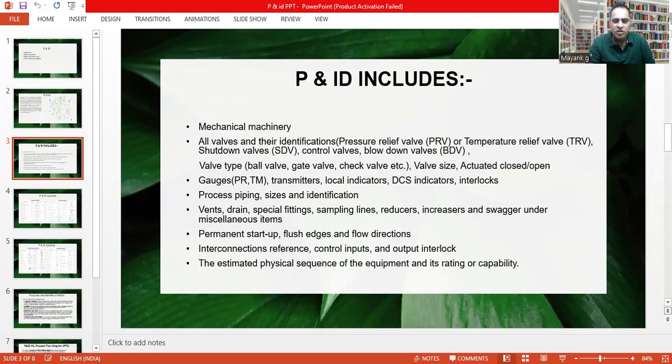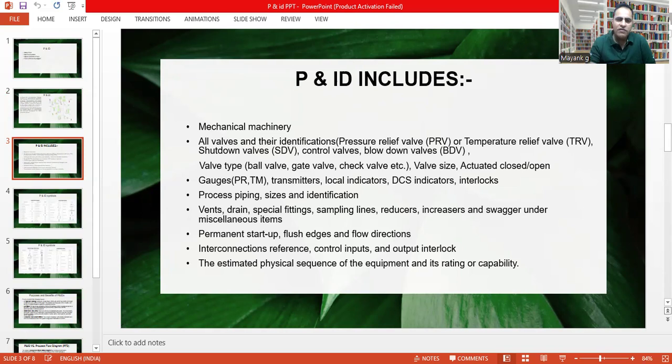Then in the instrumentation part, PNID includes the pressure transmitter, temperature indicator. Then we have transmitter, any local indicator. Then it also gives some information about the DCS indicators and the interlock. Then we have this piping.